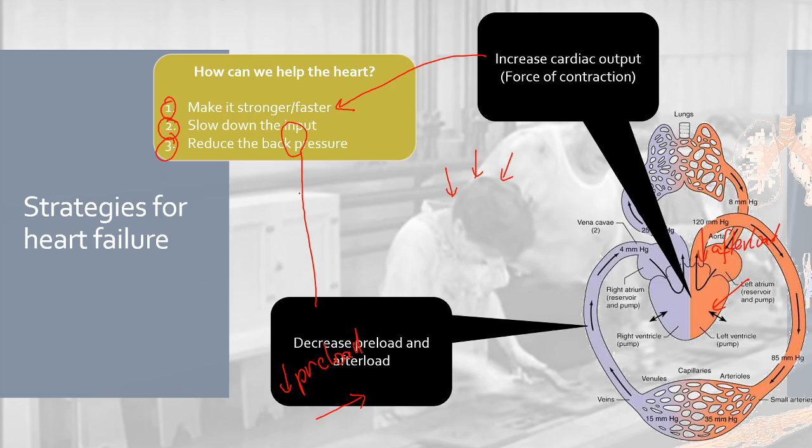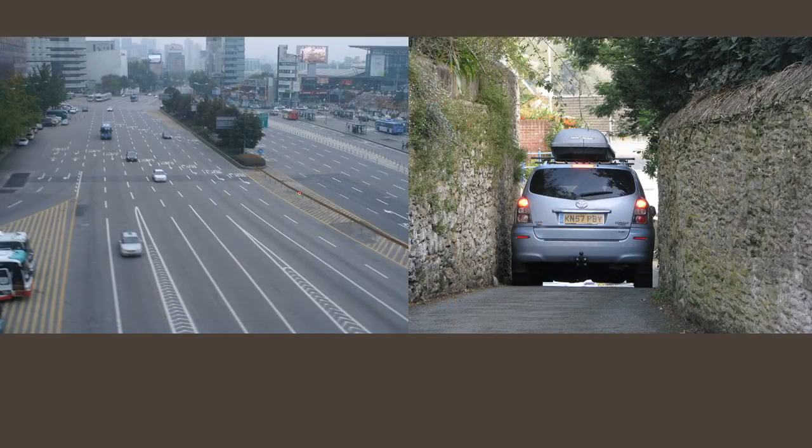How can we actually do that? There are several ways you can do that. One way is to decrease the afterload by making the vessels bigger. Things flow much more quickly through a large vessel compared to flowing through a small vessel.